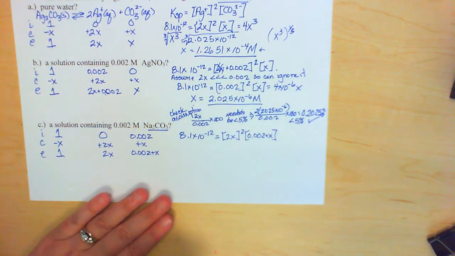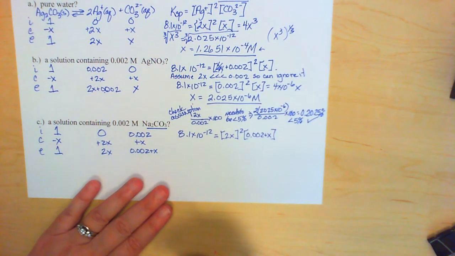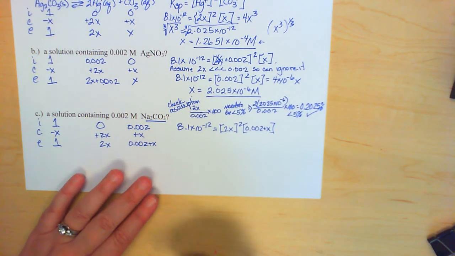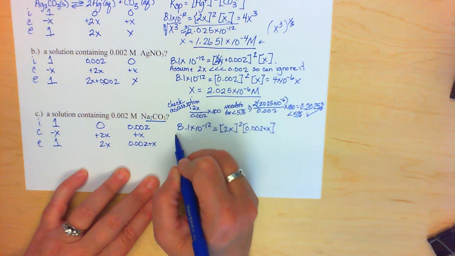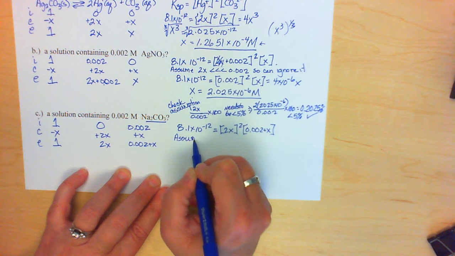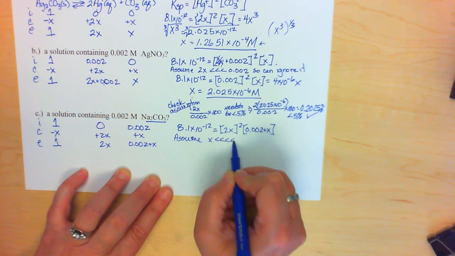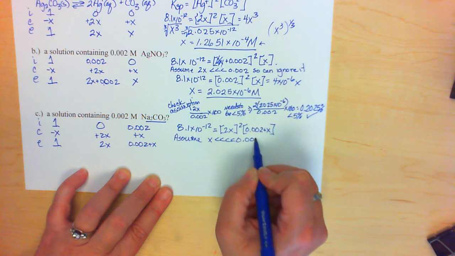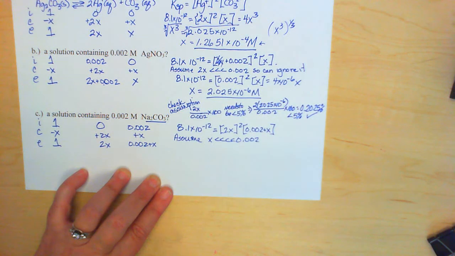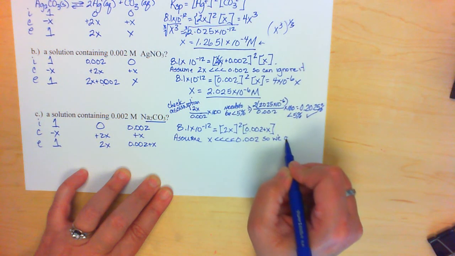Now, because our amount is less to begin with, it checked before, it's probably going to check again. Let's make our math easier. So we're going to assume, in this case, that x is going to be much, much less than 0.002. If that's the case, we can ignore it.